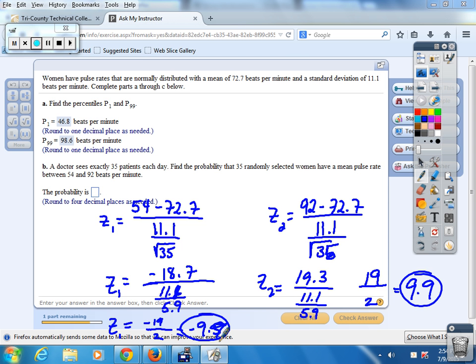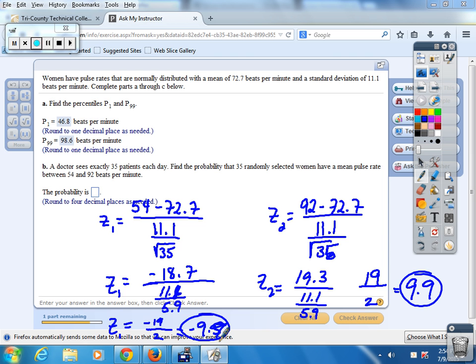Y'all check it. Did y'all get 9.9? You up there? Okay. Yeah, maybe. 280. Oh, because 20 divided by 2 is 10.